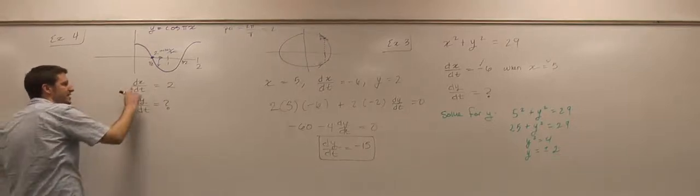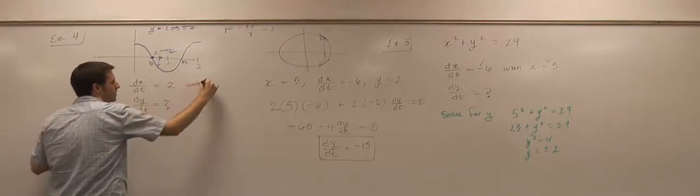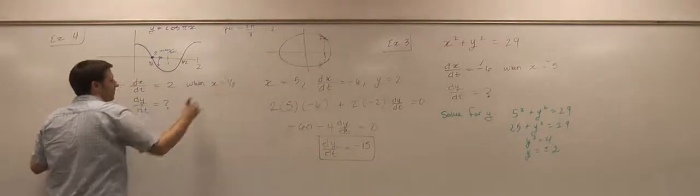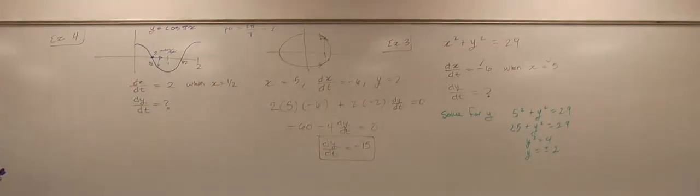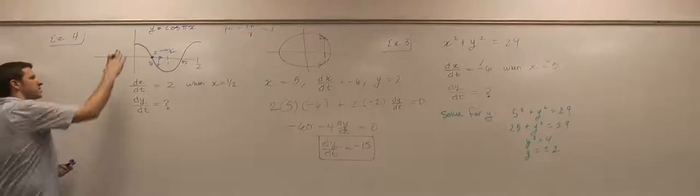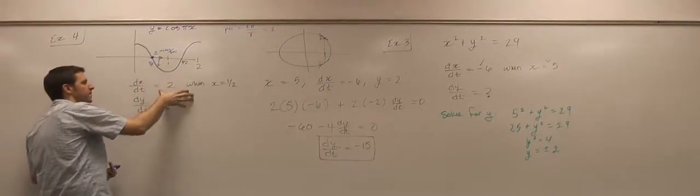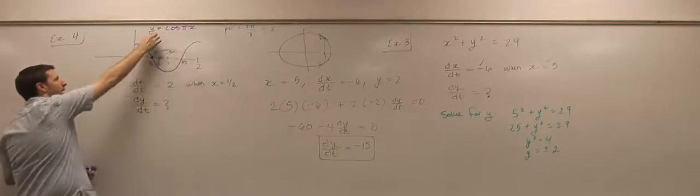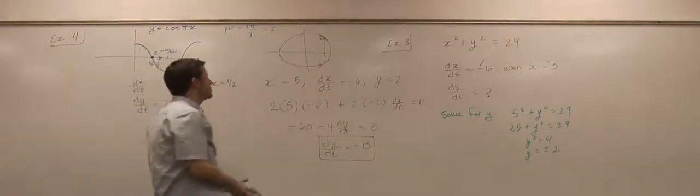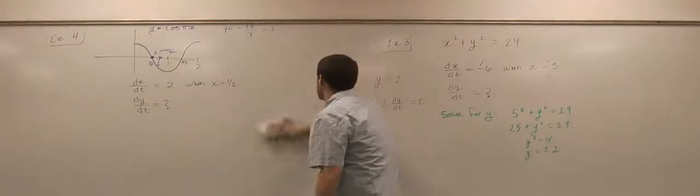And I know dx/dt when x equals 1/2. So this is my diagram, just to help me wrap my brain around it. This is my information written in terms of math. Now I have to actually go to my equation and do some calculus.